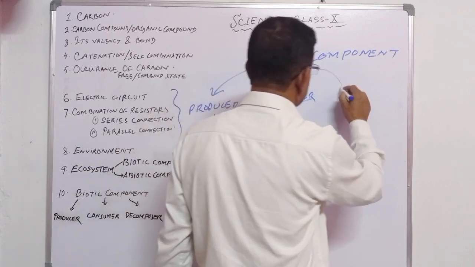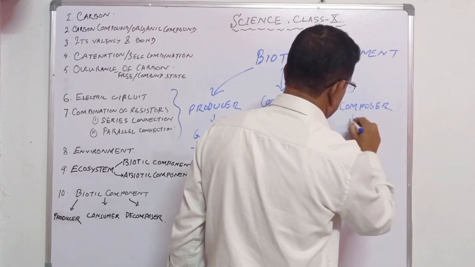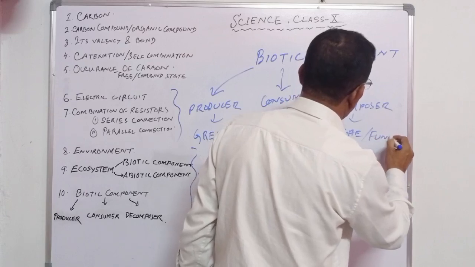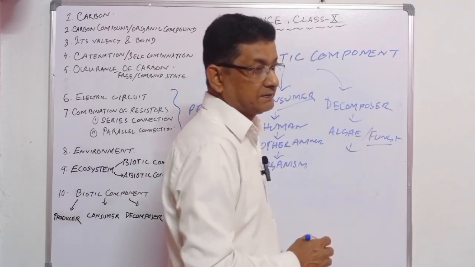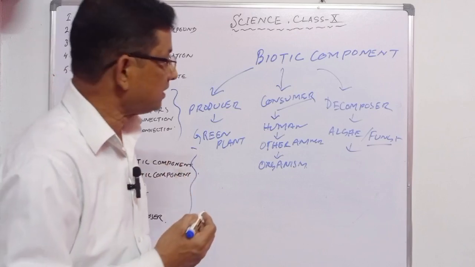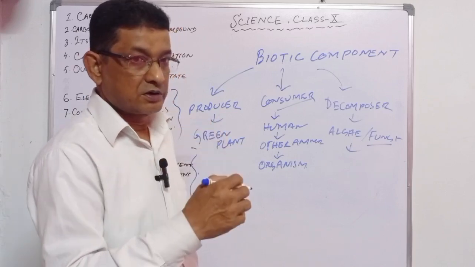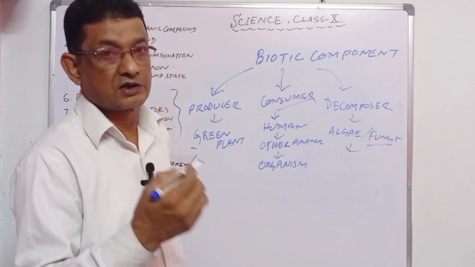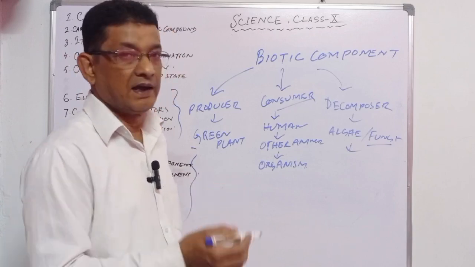And the third one is decomposer. These may be algae, fungi, etc. They decompose complex organic matter into simple inorganic matter, an important point, and return it to the soil so that later on it can be used by plants again.